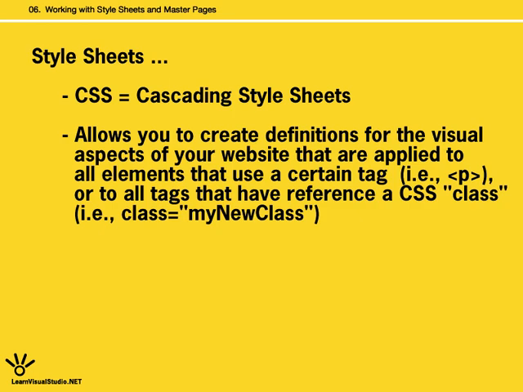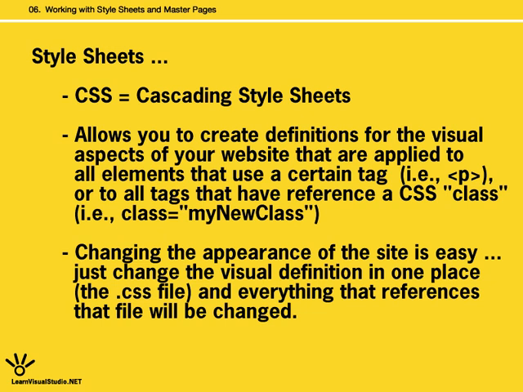You might set the color to black and set the bold property, and so on. And so whenever you add this class of myNewClass to a given element, whether it's contained within a div tag, a paragraph tag, or whatever the case might be, it will take on those visual elements.